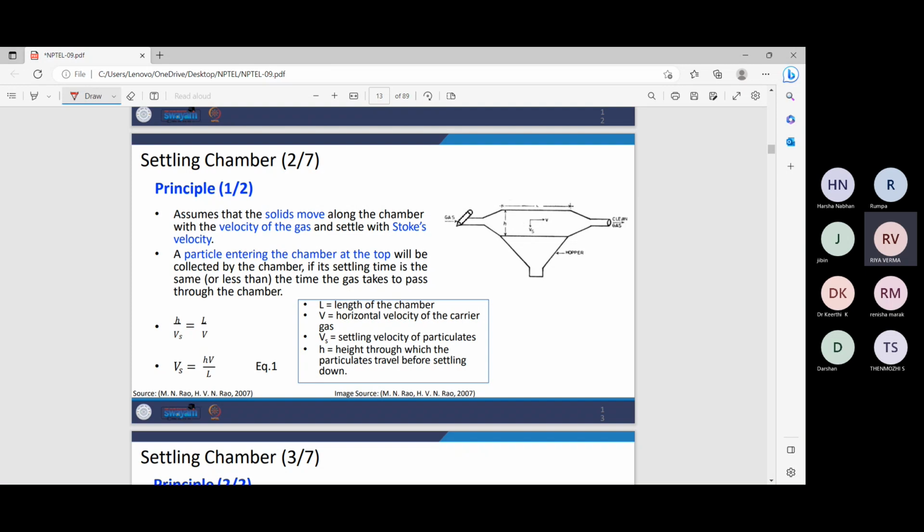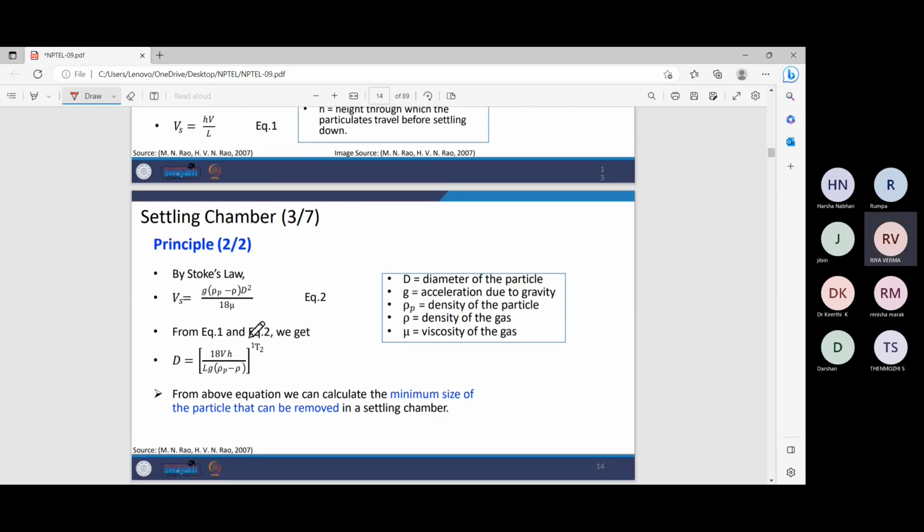The particle entering the chamber at the top will be collected if its settling time is the same as or less than the time the gas takes to pass through the chamber. So they have derived this diameter of the particle, the minimum size of particle that can be removed from a settling chamber.